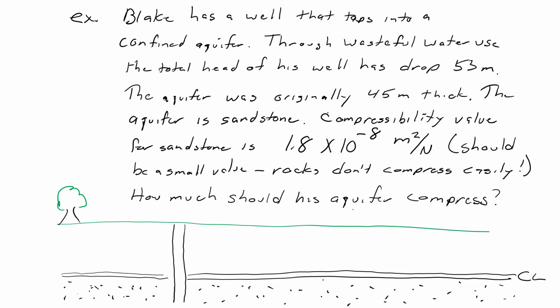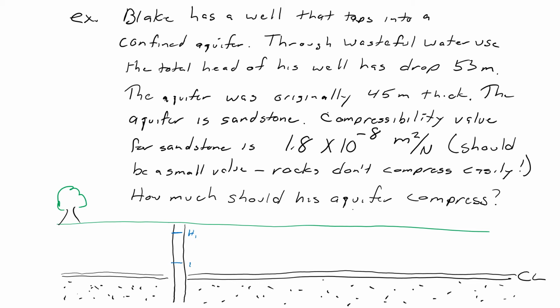Now, originally, when he put in this well, the water rose to way up here. H1, okay? But Blake's been pumping this well for a while. So he's sucking water out of all these pores. And that's reducing the pressure in the pores because he's taking the water out. When you reduce the pressure in the pores, your pressure head value is going to drop. So your overall head value is going to drop.